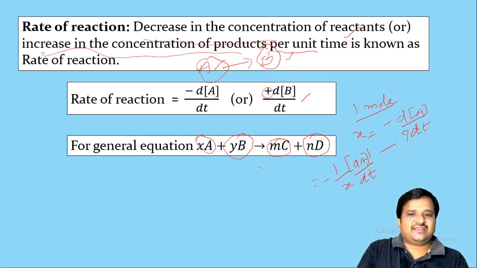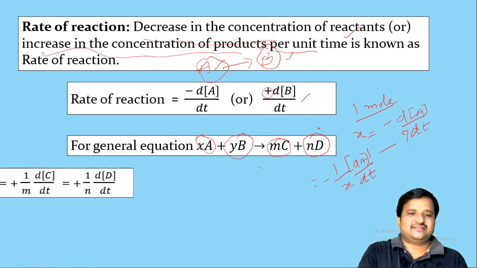Similarly for y moles of B, it is -1/y dB/dt. For m moles of C, it is +1/m dC/dt, and for n moles of D, it is +1/n dD/dt.